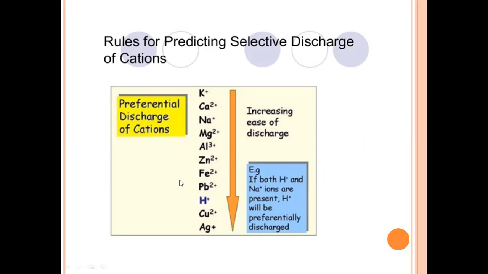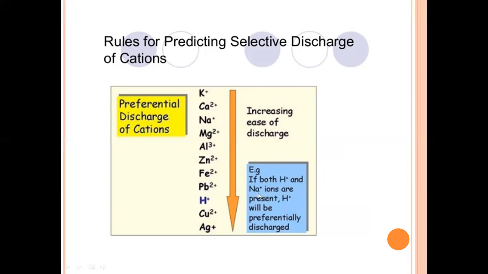So it's a difficulty if there are two cations. Can both cations go to the cathode and gain the electron, or can only one go? It's quite difficult, that's why we have this reactivity series to judge which cation goes to the cathode and gains an electron. So here is an example.